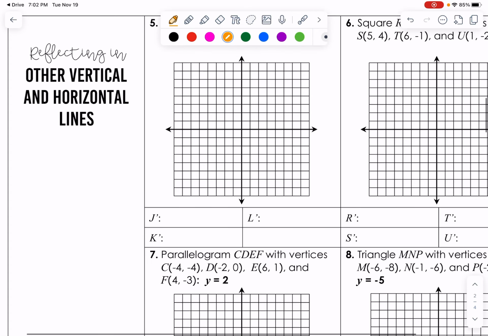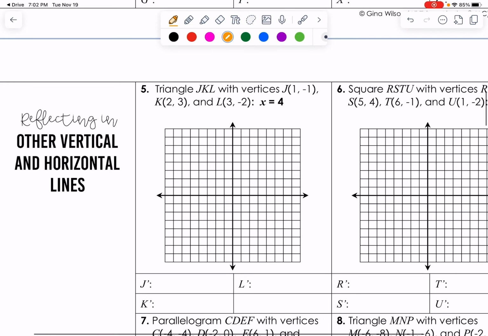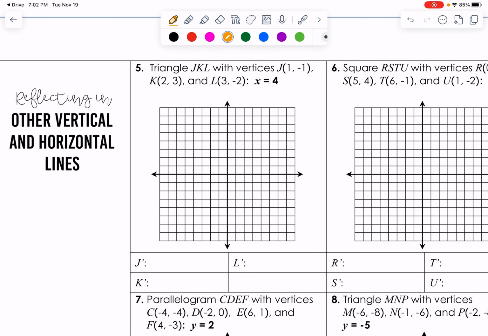All right, let's look at when we do some other horizontal and vertical lines. For number 5, x equals 4. So x equals 4 is every place that x is 4. To get to the line that I'm drawing, you have to go right 4 every time. So that's my line.